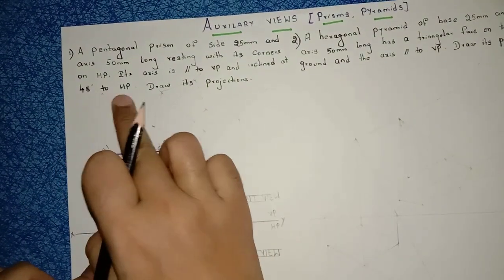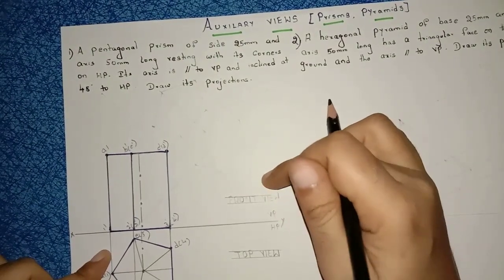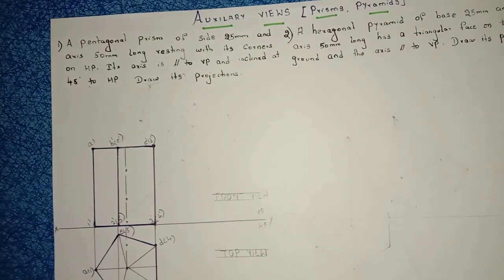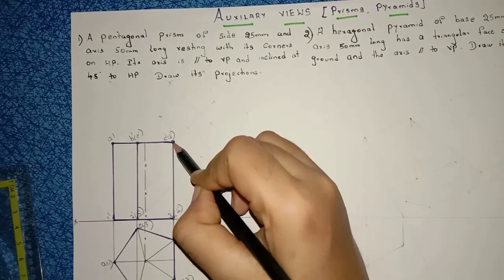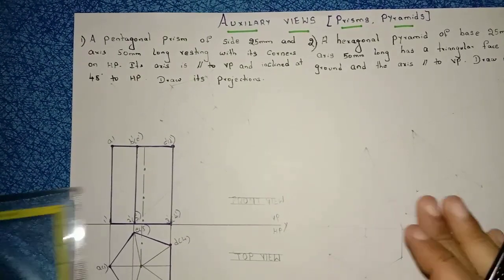Now the axis is 45 degrees to HP. So what I am doing, I am placing my protractor on the last portion of this prism, right? How I am placing, see here.